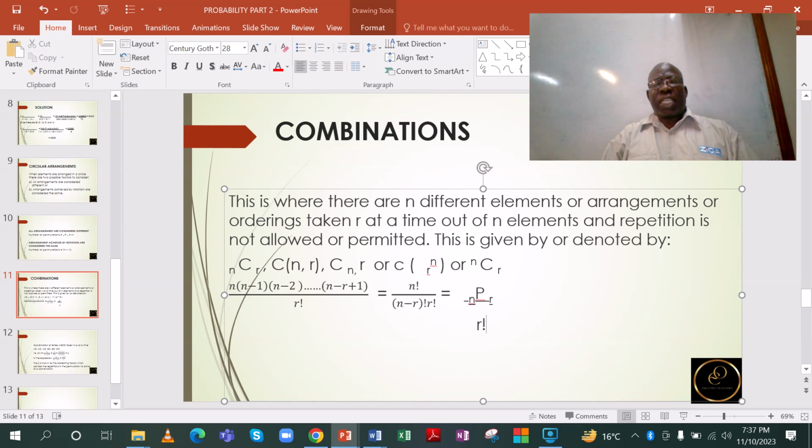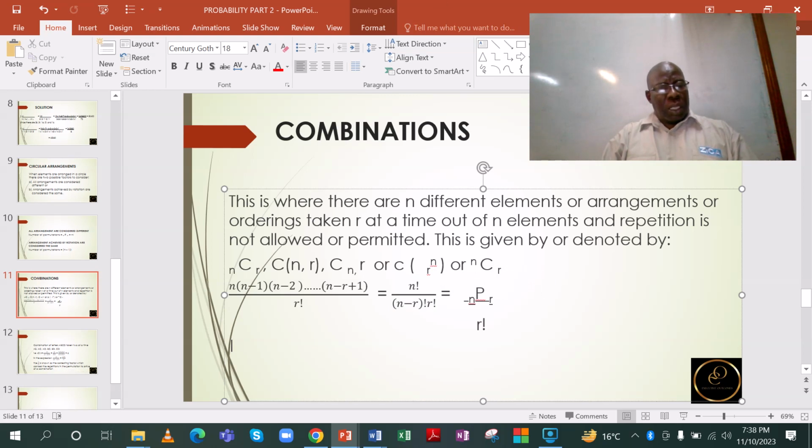This correction factor is responsible for removing the repetitions, because repetition is not allowed under combination. So the correction factor, 1 over r factorial, removes the repetition in a permutation, then it turns it into a combination. That's why it's almost the same as the formula for permutation, but with r factorial down here to eliminate the repetition.